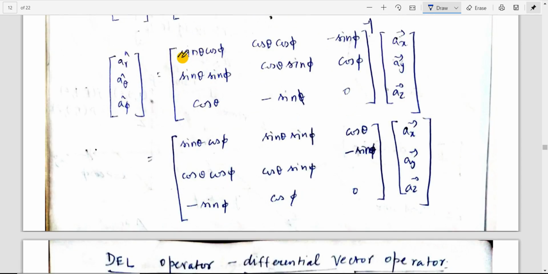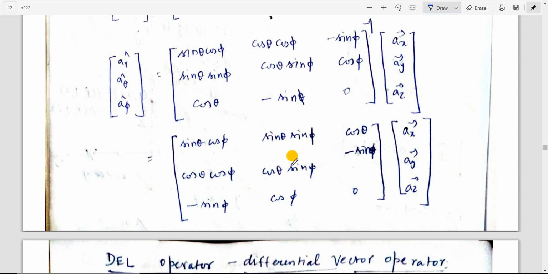You can see here sin theta cos phi, cos theta cos phi, minus sin phi are row vectors here, but the inverse transformation is making these row vectors into column vectors. So sin theta cos phi, cos theta cos phi, minus sin phi will be coming as column components.